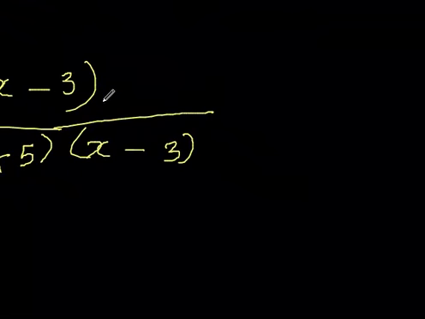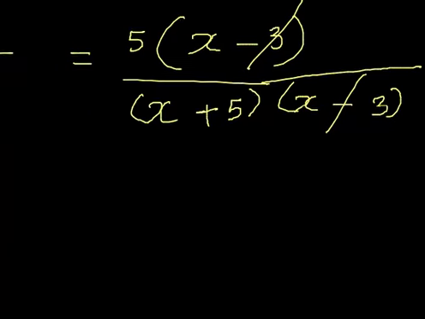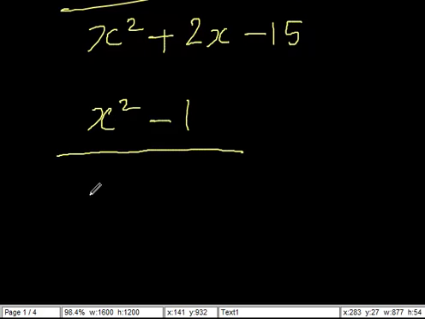Now I can see that x minus 3 is a common factor at the top and bottom, so I will cancel them out, which leaves me with 5 over x plus 5. This can't be simplified any further. Now if I look at another example, if I put x squared minus 1, you probably would have spotted it by now.